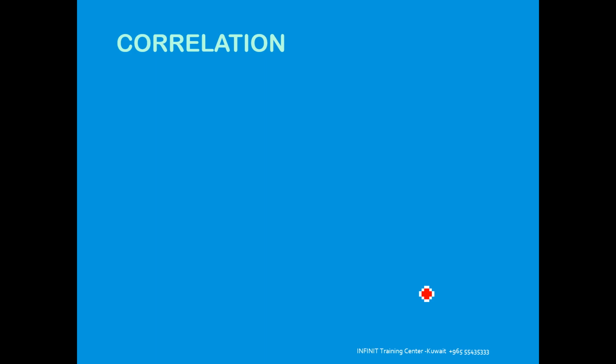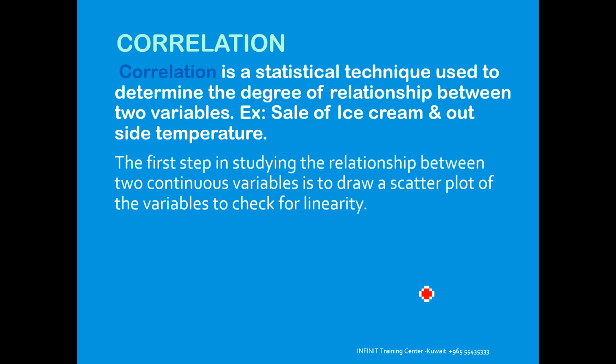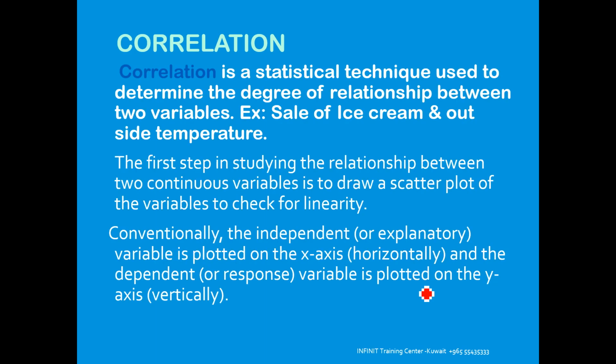It can be any variables like sales and advertisement, or, as in this example, the weight of people and blood pressure. Whatever it is, we have to find out the type of relationship existing between two variables. Is it a strong relationship or a weak relationship?